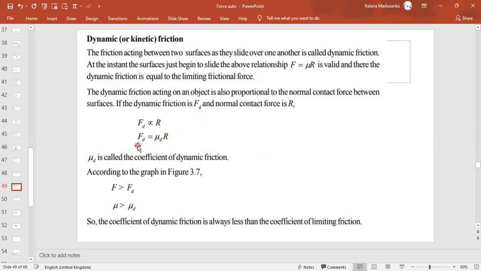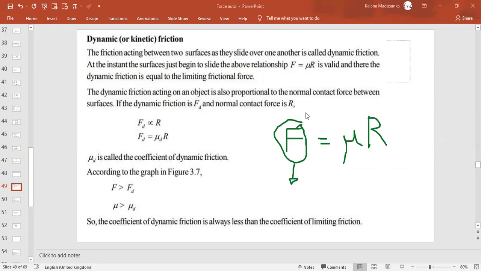So the equation becomes F is equal to mu R. Just remember F is equal to mu R. This is the equation for friction. F means the friction value. Don't remember this as the applied force, because I have seen a lot of people think that F is the applied force.